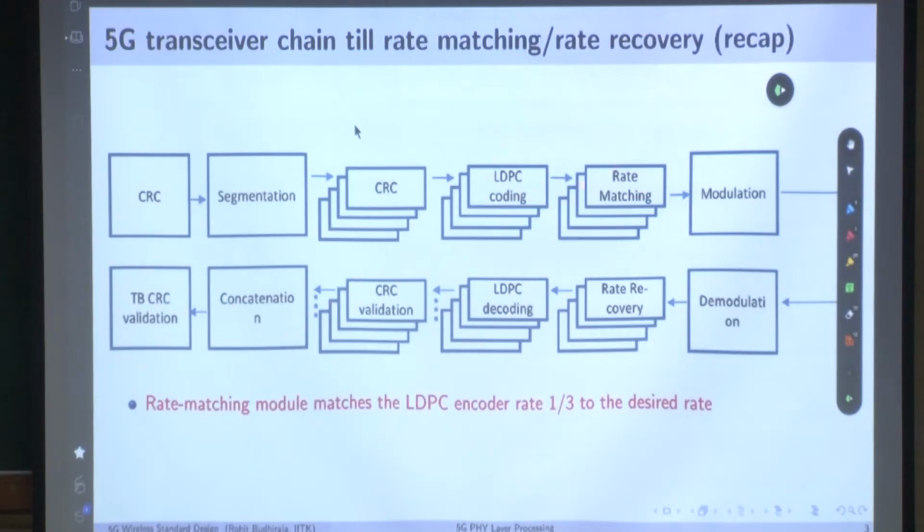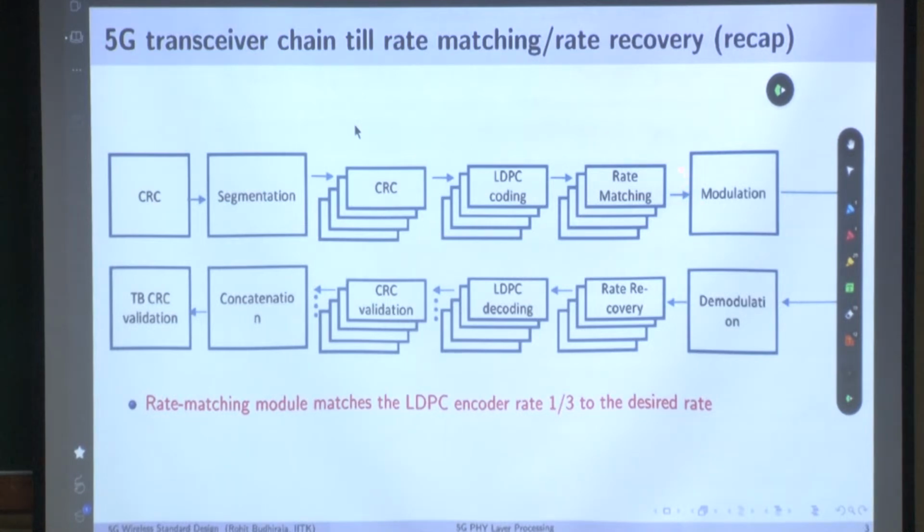Now, the LDPC encoder works at the rate 1/3, so the LDPC decoder is designed for that rate only. The LDPC decoder also works at rate 1/3. But the rate coming in here is the rate which is asked by the user.